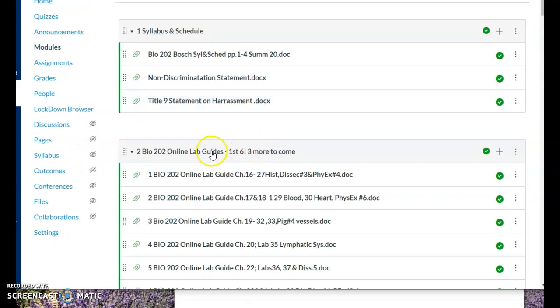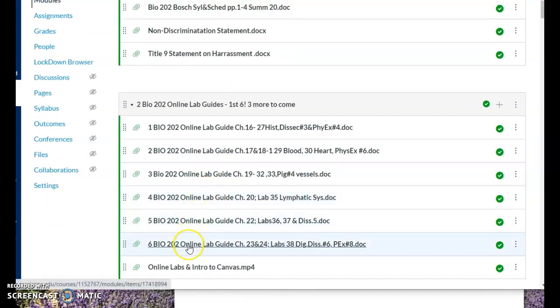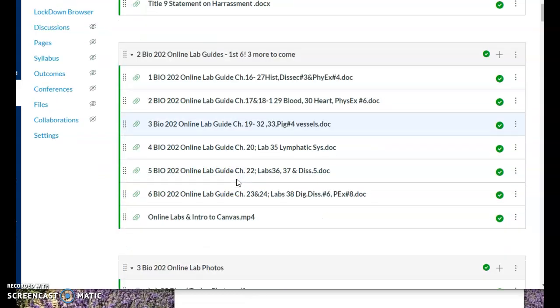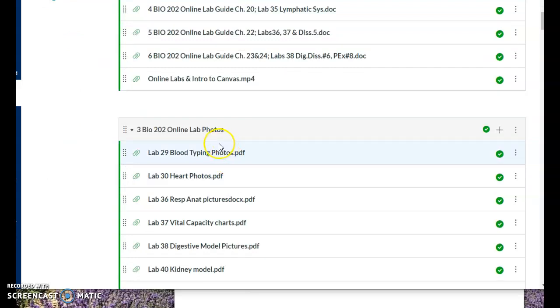But there's your syllabus and schedule. These are the online labs. I've got 6 there. I will put this discussion right down here, just like I did the online lab and Intro to Canvas. You'll have 9 altogether. I'm actually on the 9th one, so that should be done maybe today. And then these are the photos.